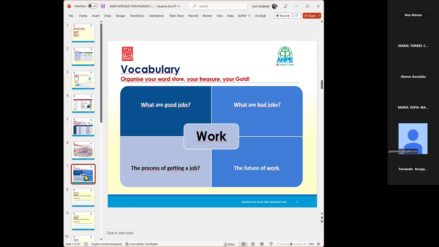So the set, and within the set, we have a subset. So good jobs is a subset. Bad jobs, a subset. The future of work, a subset. The process of getting the job, a subset within the idea of work.